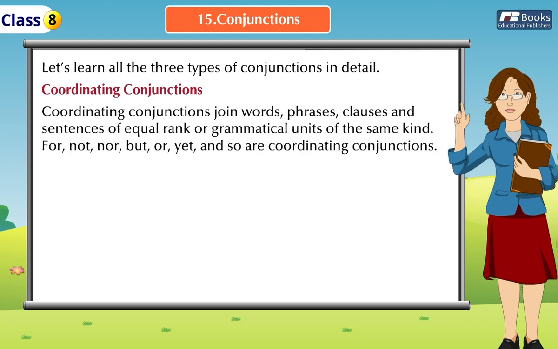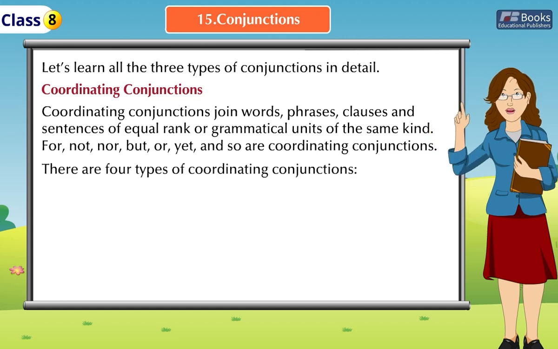Coordinating conjunctions join words, phrases, clauses, and sentences of equal rank or grammatical units of the same kind. For, and, nor, but, or, yet, and so are coordinating conjunctions.